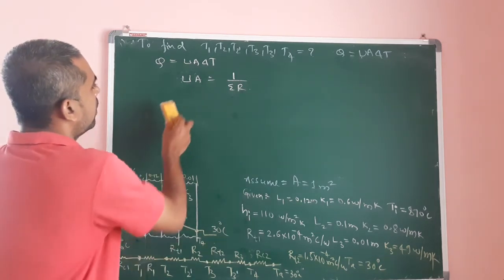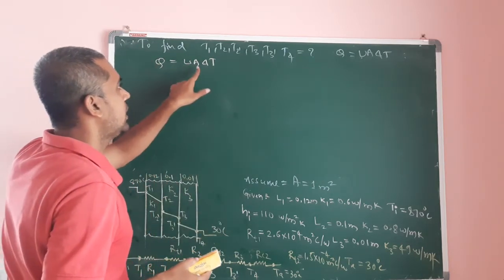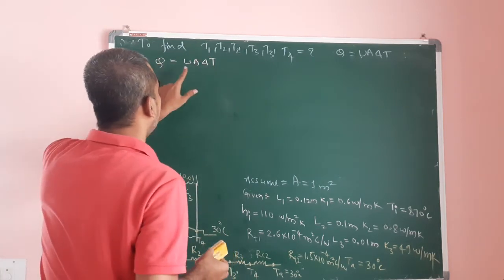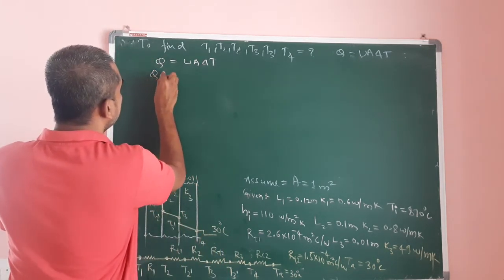Therefore, how can we calculate U? If we know Q, A and delta T, we can calculate U. How to calculate Q? Q is the heat transfer.